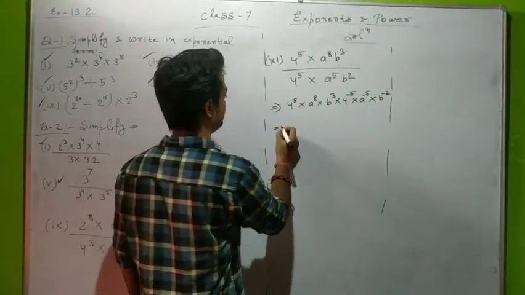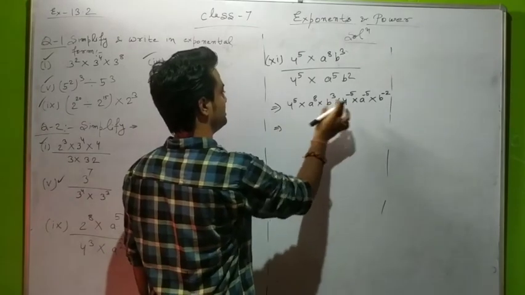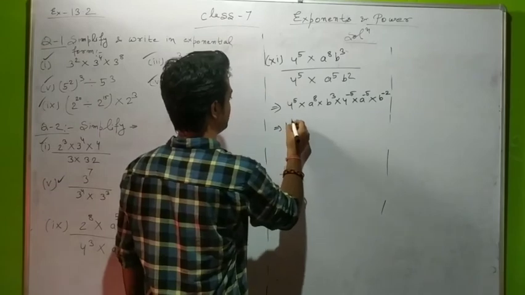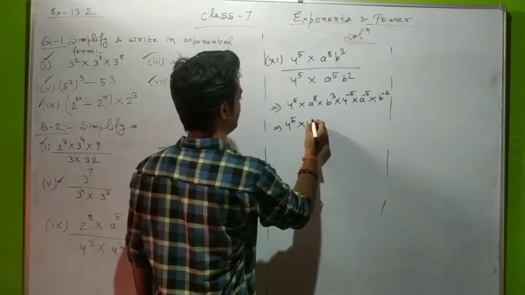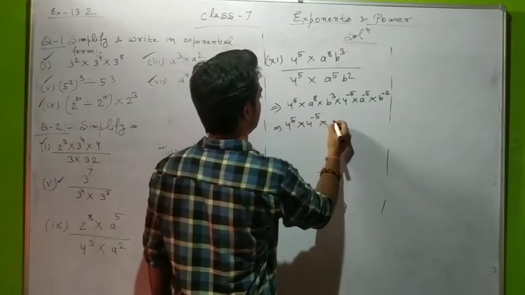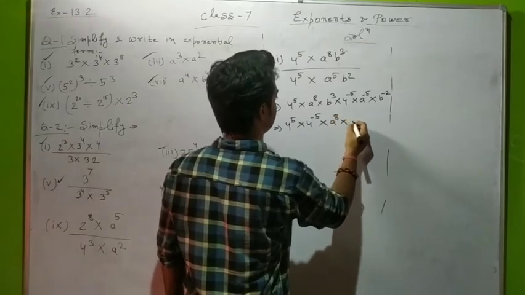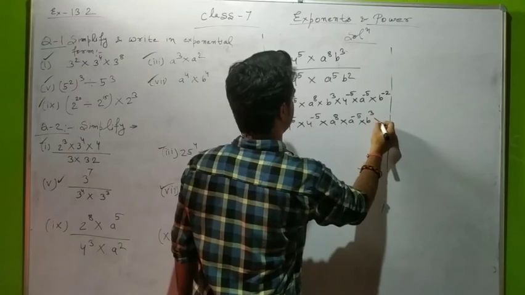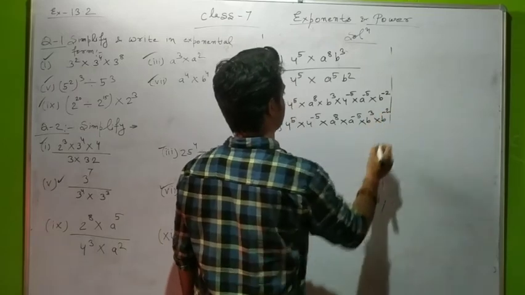Now next, write the numbers with same base together. So it can be written as 4 raised to the power 5 into 4 raised to the power minus 5 into a raised to the power 8 into a raised to the power minus 5 into b cube into b raised to the power minus 2.